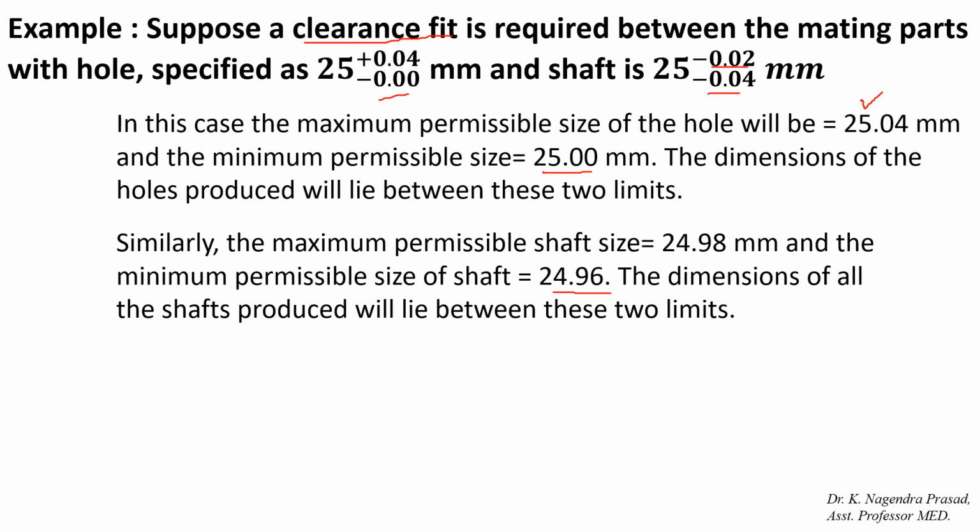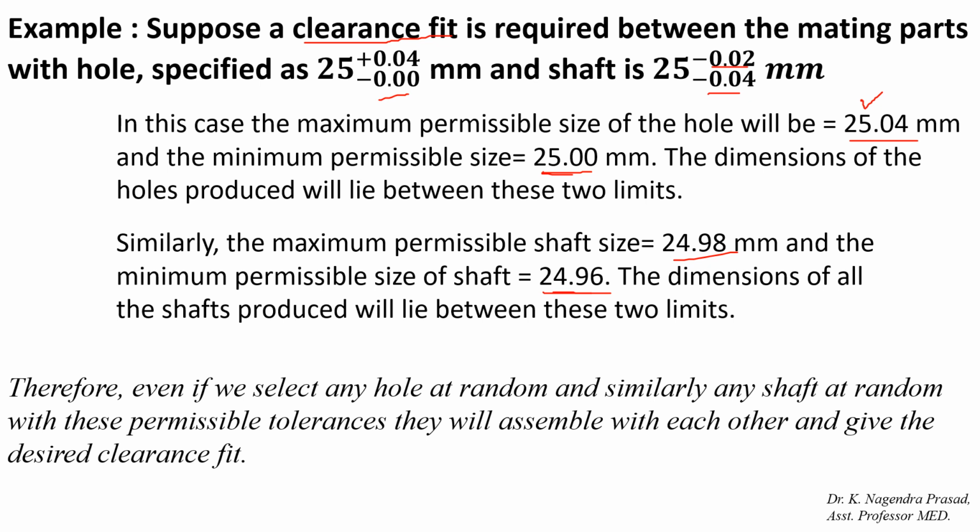Similarly, all the manufactured shaft sizes are 24.98 to 24.96 mm. Therefore, even if we select any hole at random and any shaft at random, with these permissible tolerances, they will assemble with each other and give the desired clearance fit.